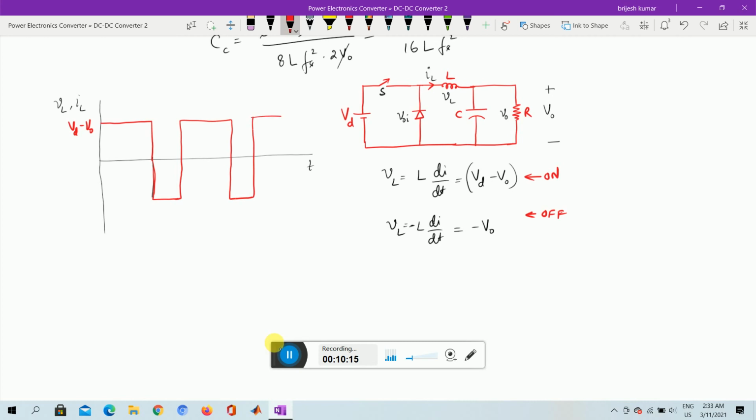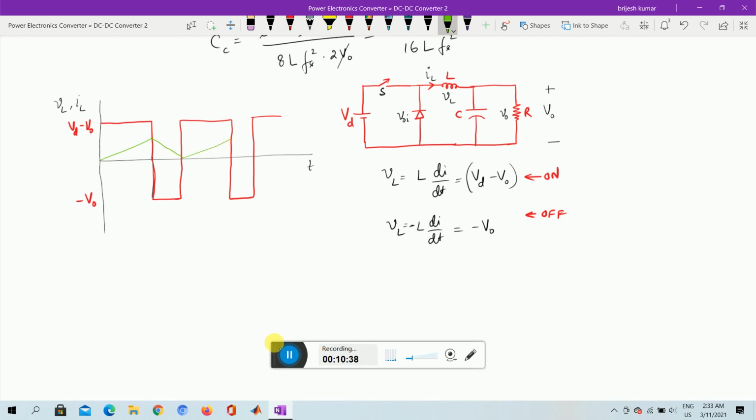So during the time it is on, we have Vd minus V0. During the time it is off, the voltage across the inductor will be minus V0 over here. Similarly we can draw the current waveform. During the time it is on, the current through the inductor will rise, and when it is off, the current will fall.